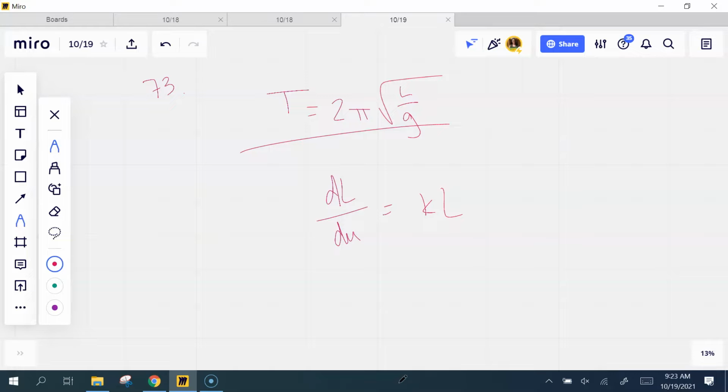Assuming this to be the case, show that the rate at which the period changes with respect to temperature is kT over 2. Remember what it said the period was? T. So we want the rate of change of T. And U is the temperature.